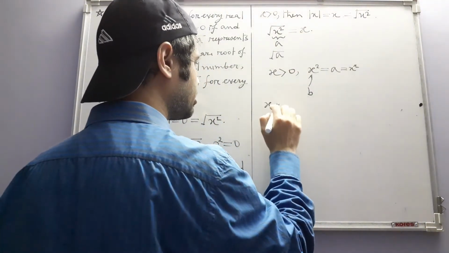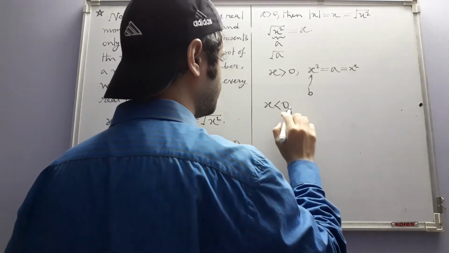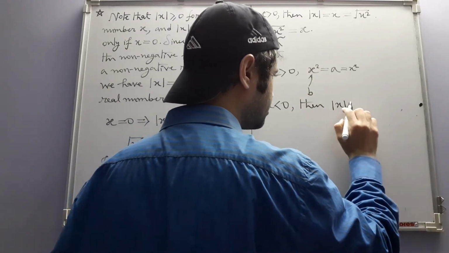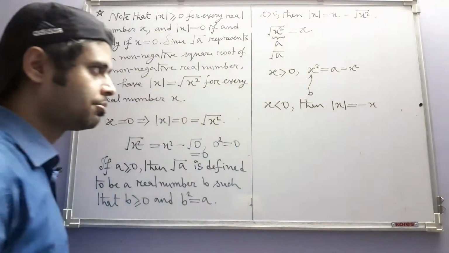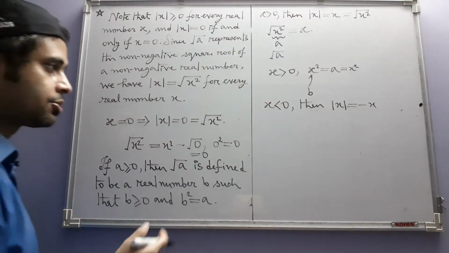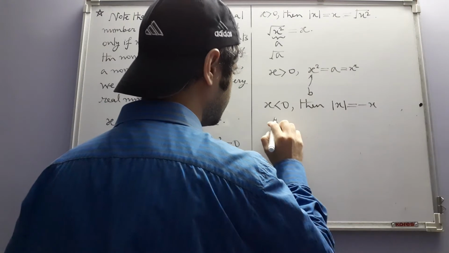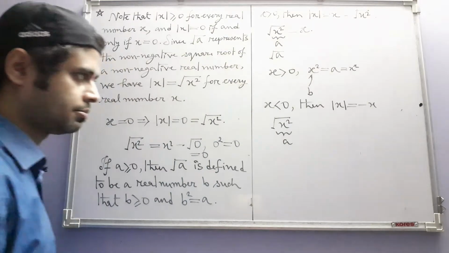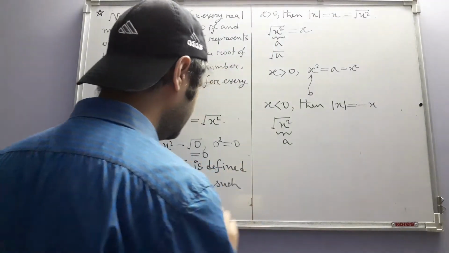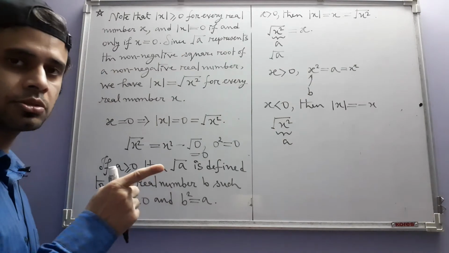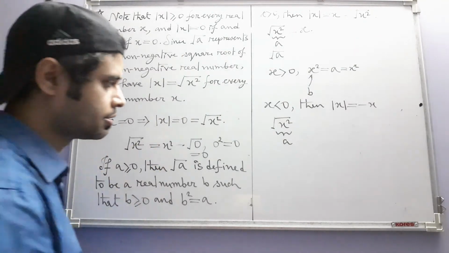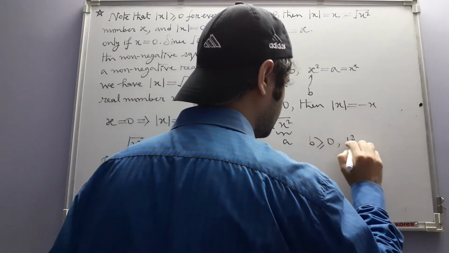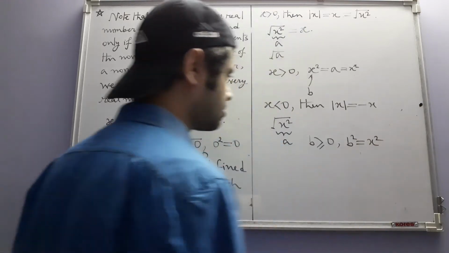Now next we come to the case when x is negative. Then by definition absolute value of x is equal to minus x. Now what about square root of x square? Now this is our a. We need a b which is non-negative and whose square is a, that is x square.